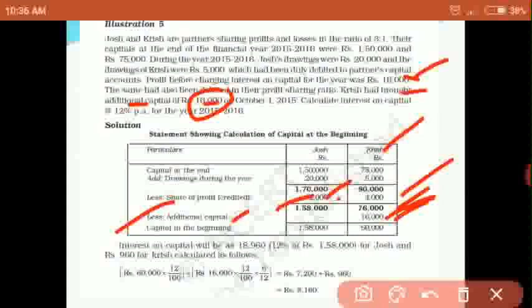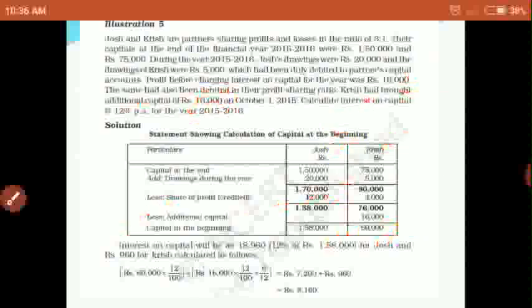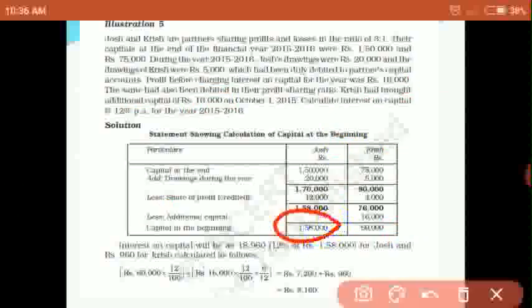So 76,000 minus 16,000 is equal to 60,000, the opening capital of Krish. There is no additional capital for Josh, so directly 1,58,000 is the opening capital of Josh.